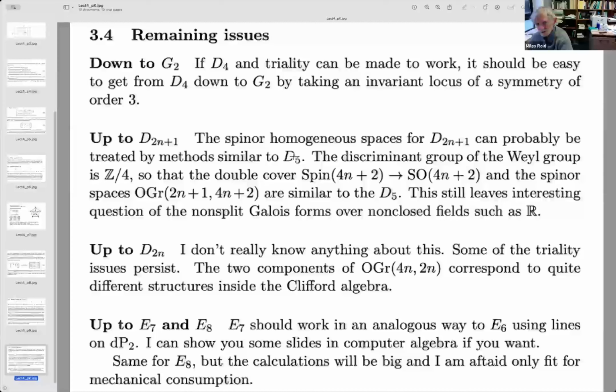Now that group has a spin double cover. It's the same spin that you know from quantum mechanics of the electron or from the Dirac equations. It has this double cover and 2 spinor spaces, which are the projective homogeneous spaces.